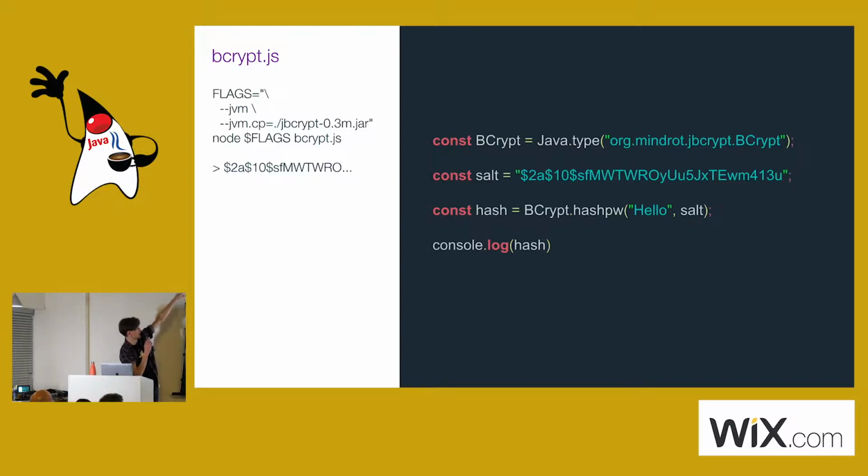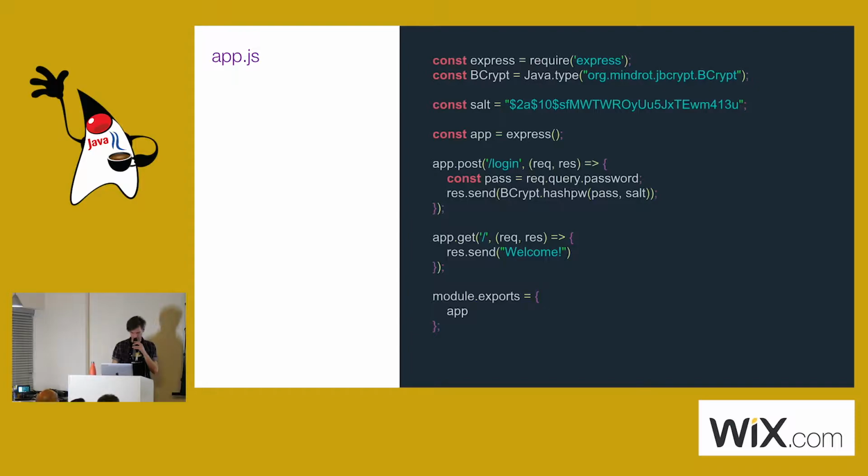You need to tell Node to enable JVM interoperability, and you need to tell it where to find all the jars that are needed on the class path. This assumes that you're running the script from the same folder that the script is in. And we would get the hashed thing in the output, which now I see is probably wrong because it's the same as the salt. Never mind that.